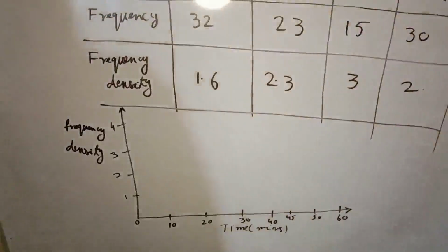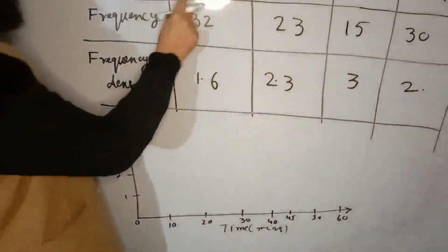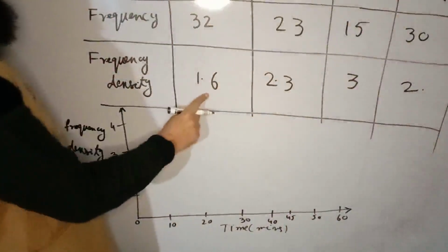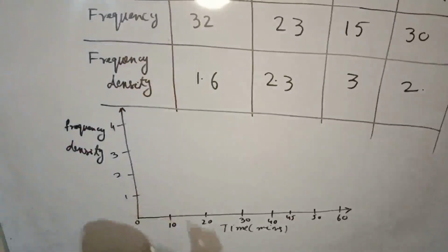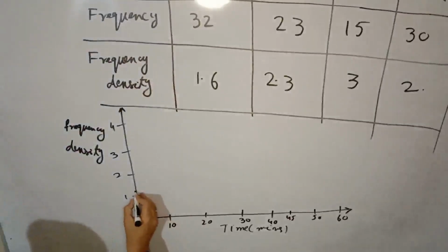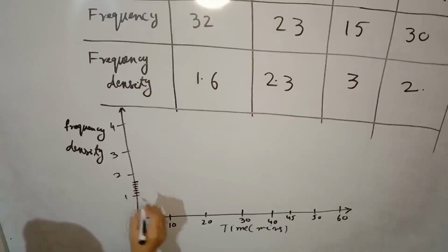Now, the first interval is 10 to 30 and its frequency density is 1.6. On the grid there is one space for 1, so 1.1, 1.2, 1.3, 1.4, up to 1.6. This is 1.6.